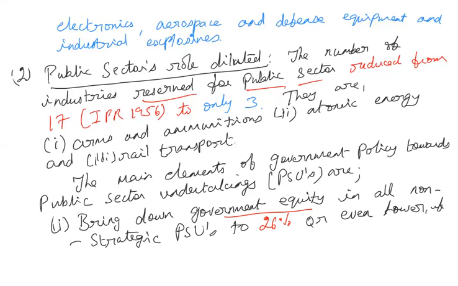If it's necessary, you can bring down the government equity even below 26%.